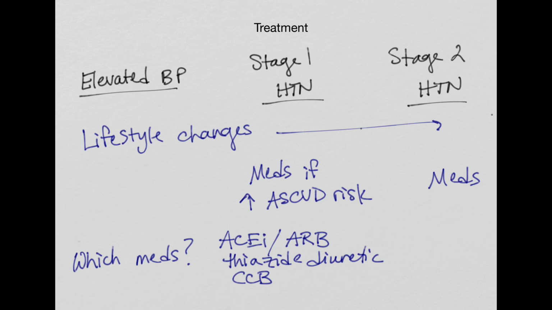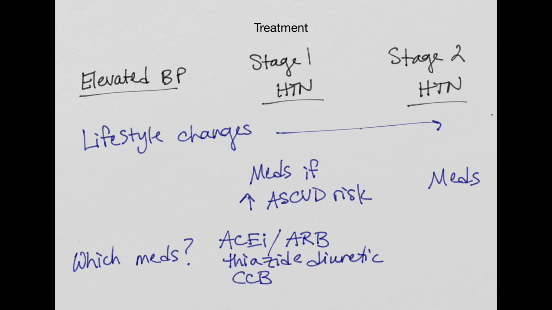And then we do utilize medications in stage 1 and stage 2 hypertension. So stage 1 hypertension, if they are otherwise completely healthy, they don't have any medical problems, they just have this elevated blood pressure, you really can start with lifestyle changes and see if you can get their pressure down into the normal range without medications. But if you've tried that and it really hasn't worked and they're just persistently hypertensive, or if they have other things that increase their atherosclerotic cardiovascular disease risk, then you need to implement medications.